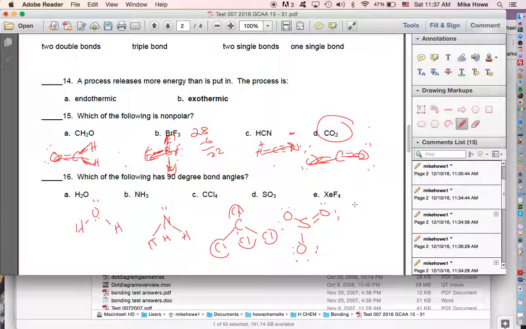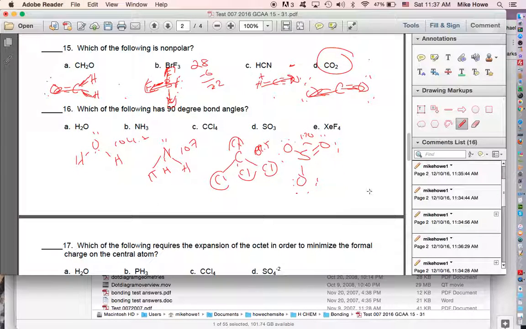Okay, so the only one that's left to be 90-degree bond angles, those are 120, right? 120, 109.5, 107, 104.5. So that leaves us with XeF4, which looks like this. It's going to have 36 valence electrons, so 36. 8 are in the picture, so that gives us 28 to put in.